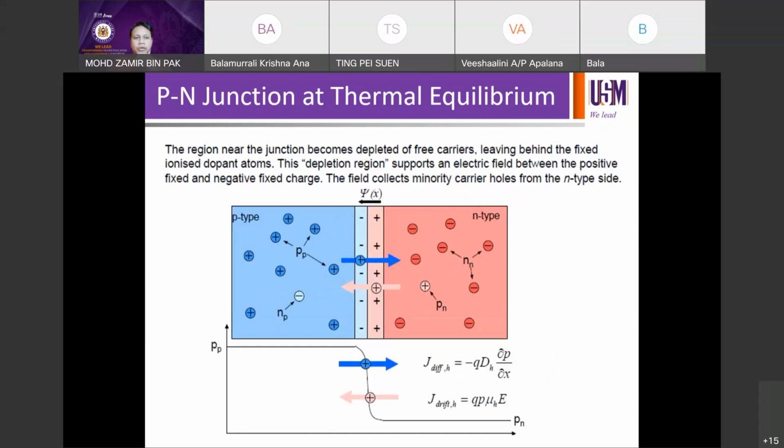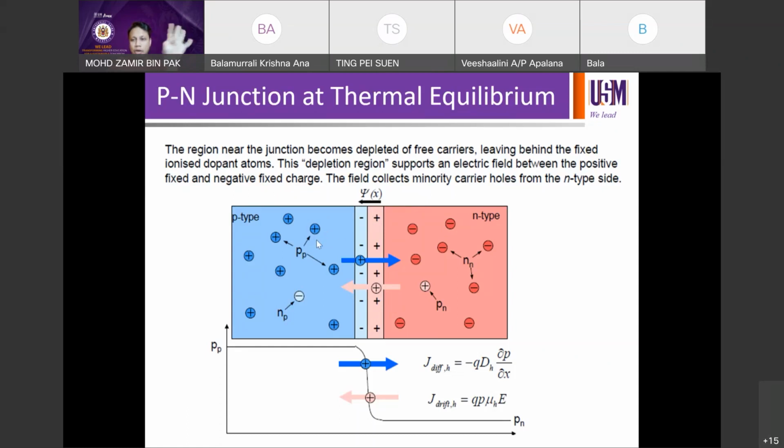And the same goes for drift as well. The region near the junction becomes depleted of carriers due to the diffusion process, leaving behind fixed charges, okay? If you can imagine, this whole blue region on the left is the whole p-type, the whole region on the right is the whole n-type, but the region here, the light blue and light red near the junction area, is the region where the carriers are depleted.